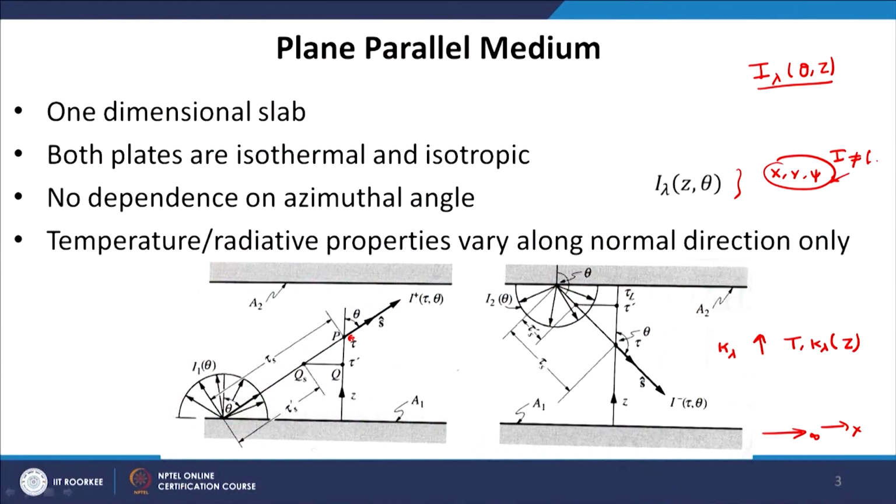So, we divide this solid angle 4 pi into two parts, one radiation coming from below, that is from the bottom plate and the gas between point P and the bottom surface, and second part of the intensity that reaches point P is from the medium and surface above point P, that is the top plate and the medium between it. So, we have divided the problem into two parts.